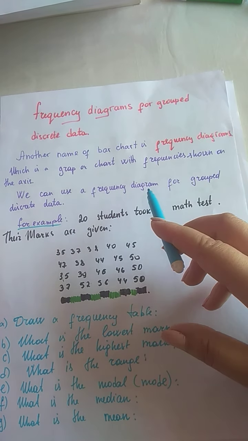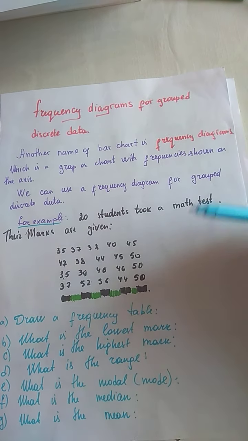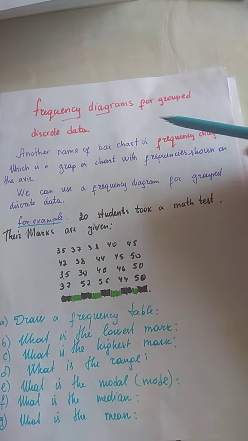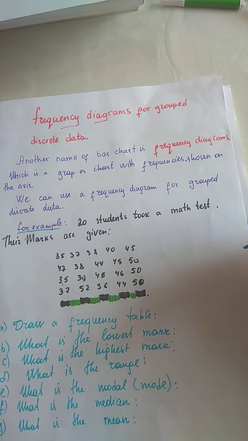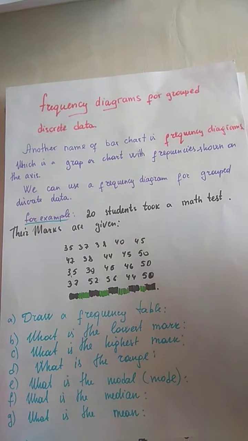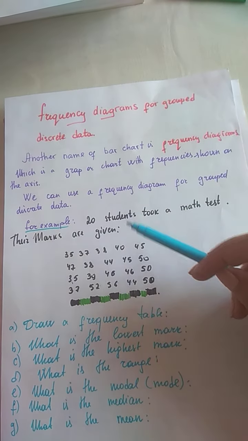So we can use a frequency diagram for grouped discrete data. Guys, I recommend you copy all of this down in your copybook, okay, because it is very important information about the frequency diagram and the frequency table.